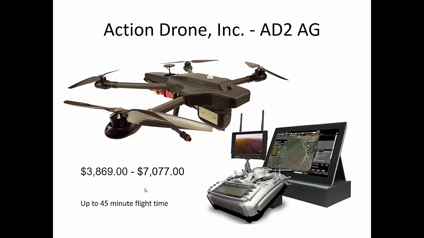Again, the operating system is a Windows-based system for the mission planning, but some of the quadcopters through this Action Drone can get up to 45 minutes of flight time, depending on the battery system and the drone itself.